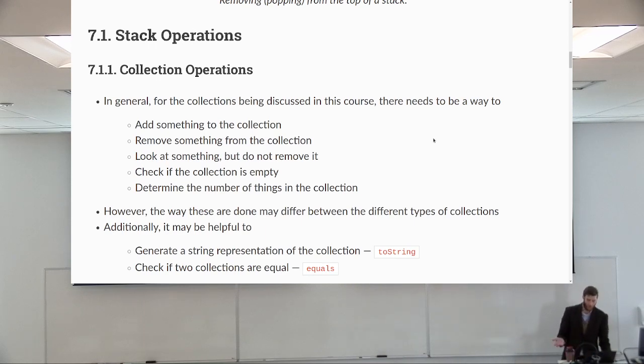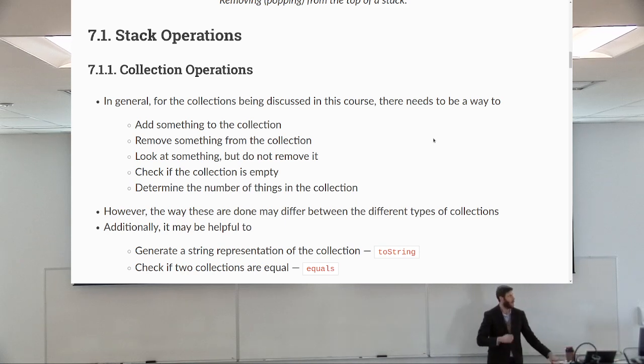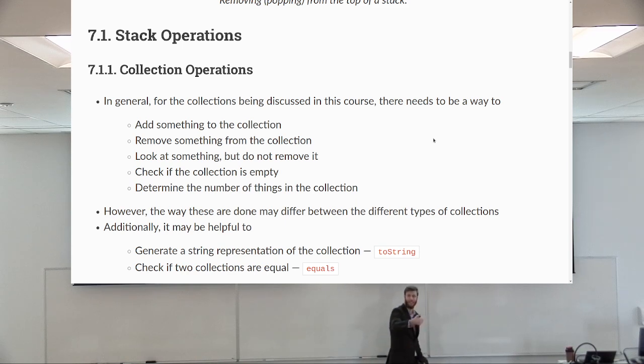In general, for the collections being discussed, including the stack, we're going to need a way to add something, remove something. Then there's this thing where we can look at something but leave it. We don't touch it, we just look at it, but we leave it where it is. We also want to check if it's empty or not, and we want to know how many things are in that collection.